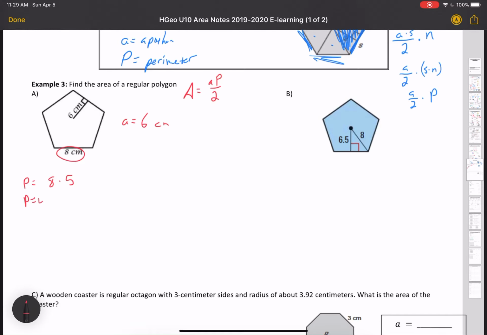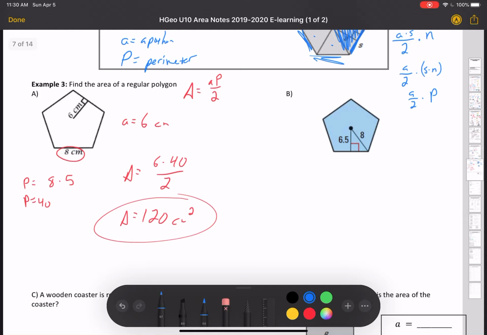So the perimeter is 40. So my area here is going to be apothem, 6, times perimeter, 40, divided by 2. So area is going to be 120 centimeters squared. That is a very straightforward type problem with all the information basically being given to you.